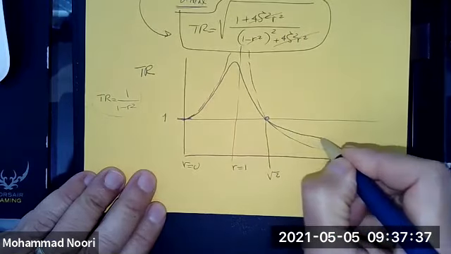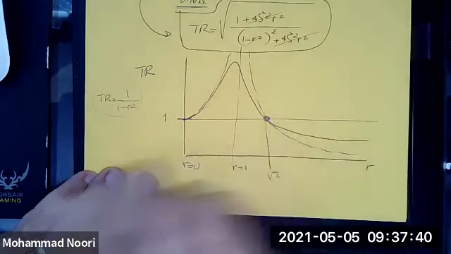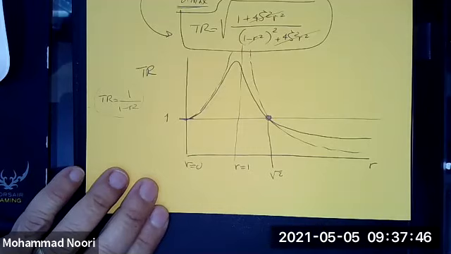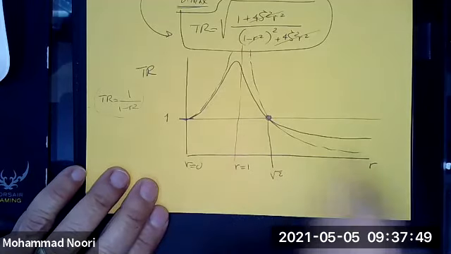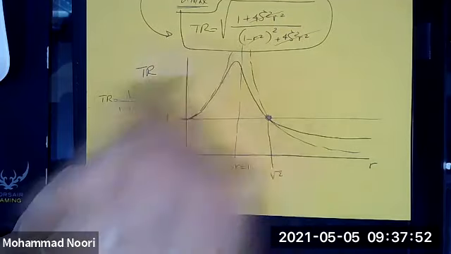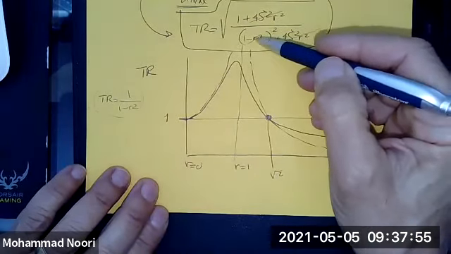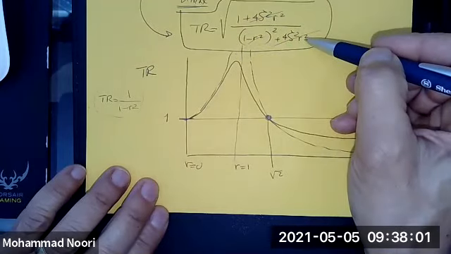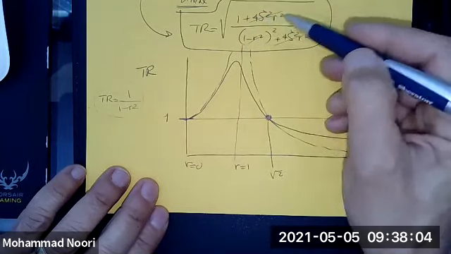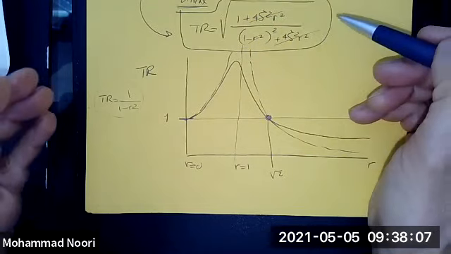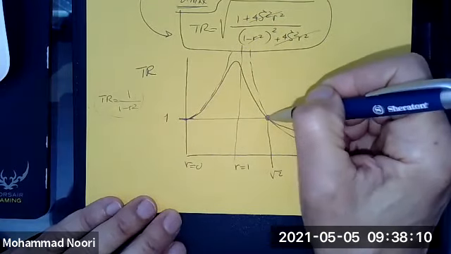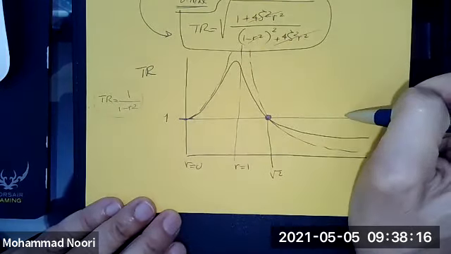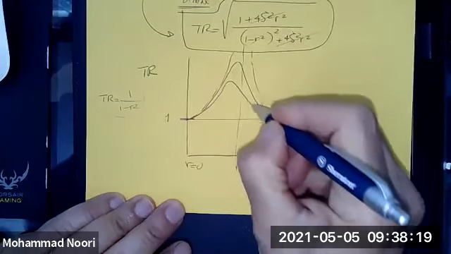They all go through the same r equal to square root of 2, no matter what the value of zeta is. You can easily see that by putting r equal to the square root of 2, which means this would be 1, okay? So you have 1 plus this and 1 plus that, right? So that means transmissibility ratio is 1. So at r equal to square root of 2, all of them hit this line, no matter what the value is.